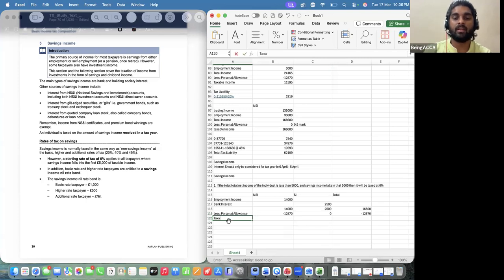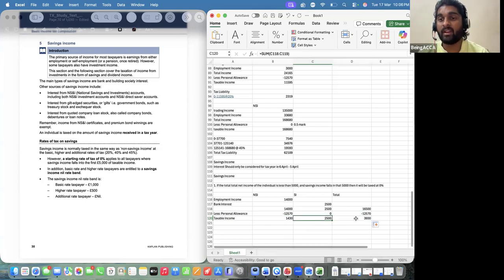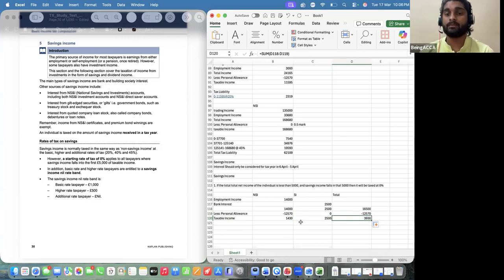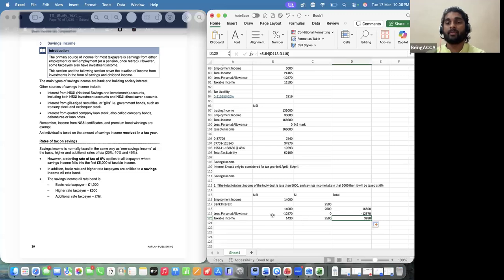So now taxable income, what is happening? This will be the sum of these: 1430, 2500 and 3930, correct? Yes, sir. So after personal allowance, you're getting this much. This 1430 is non-savings income.